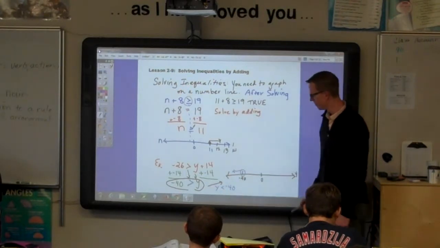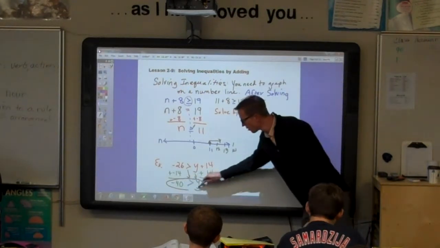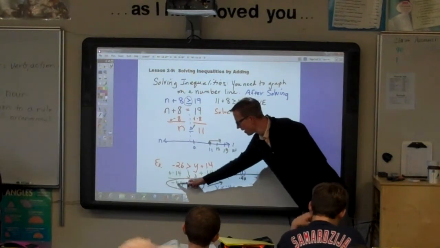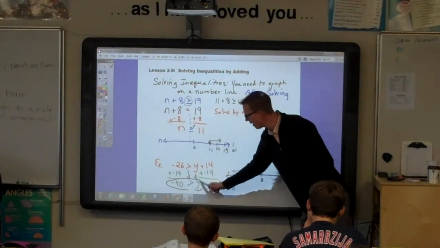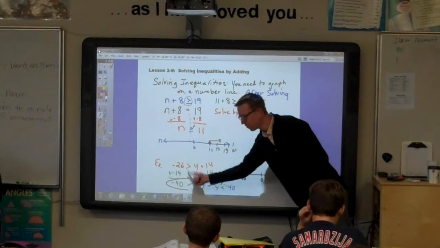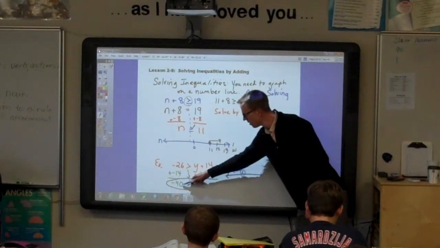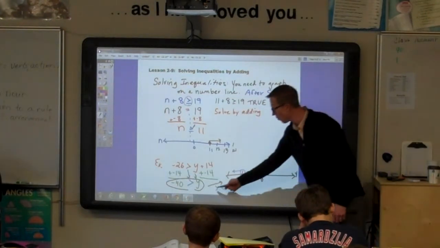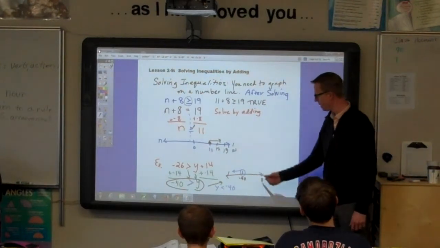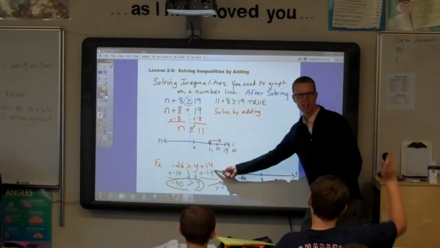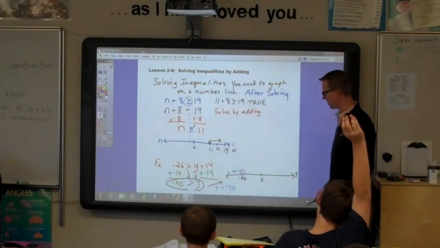No problem. We turn this whole thing around. Instead of negative 40 is greater than y, we put the y over here, we flip the sign around, and y is less than negative 40. That means that the arrow goes to the left.